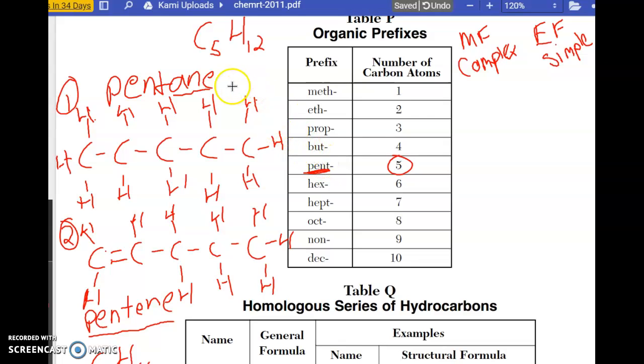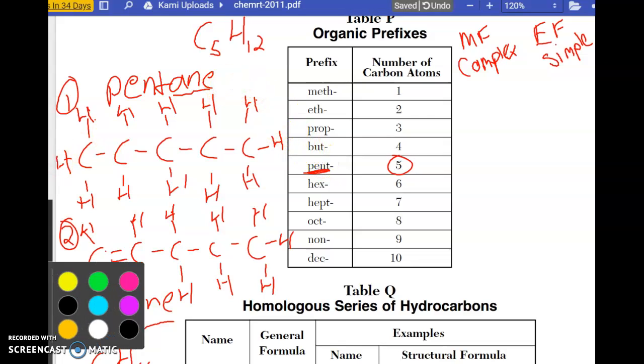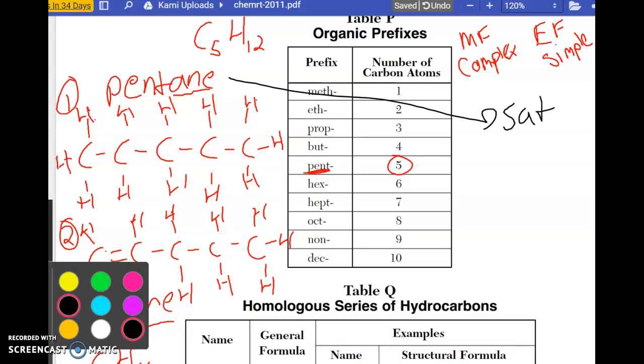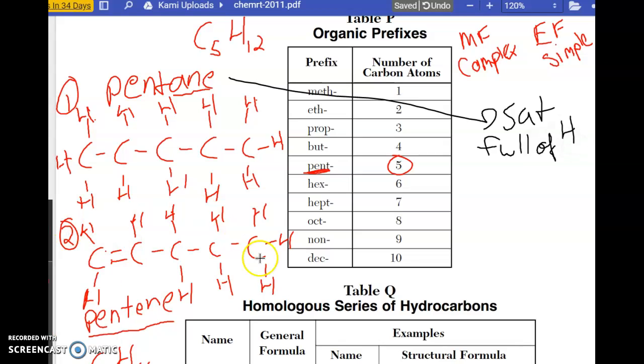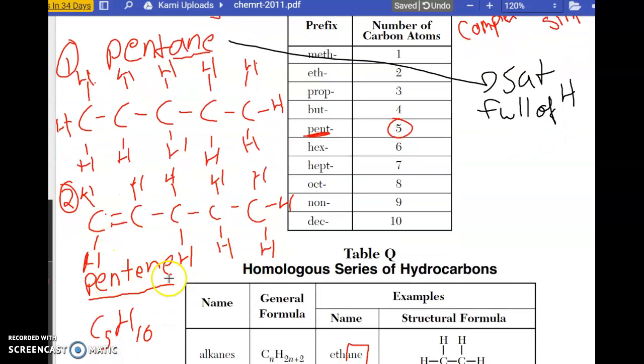I know my screen is getting messy, but this one is considered to be saturated because it's full of hydrogens. In the second example, pentene, it ends in -ene because of the double bond.